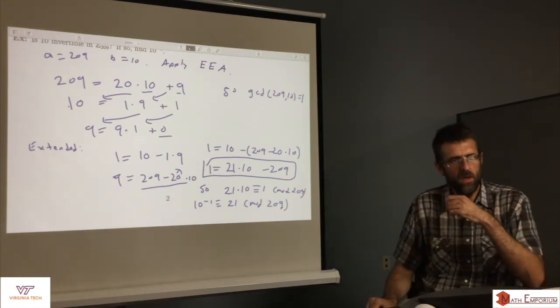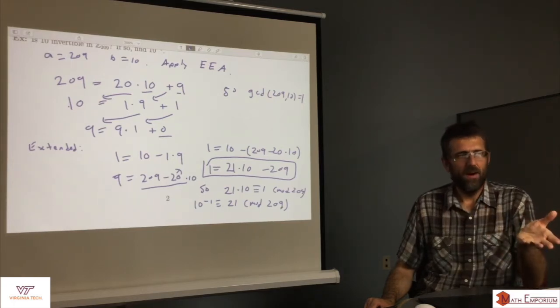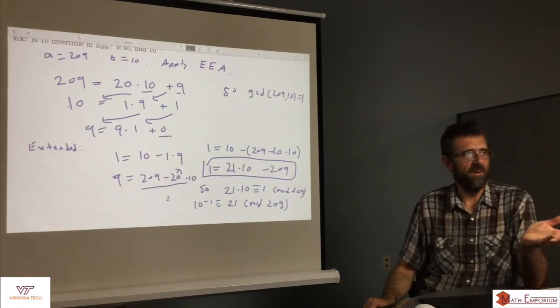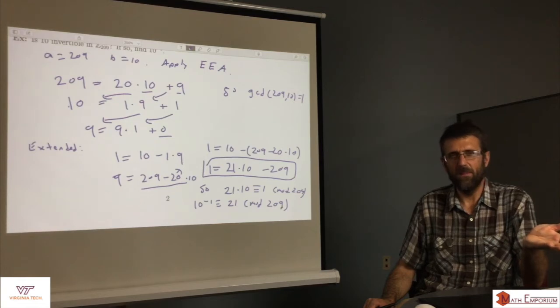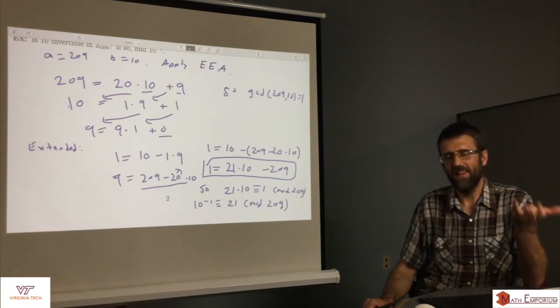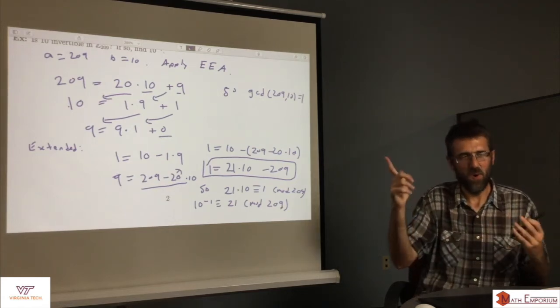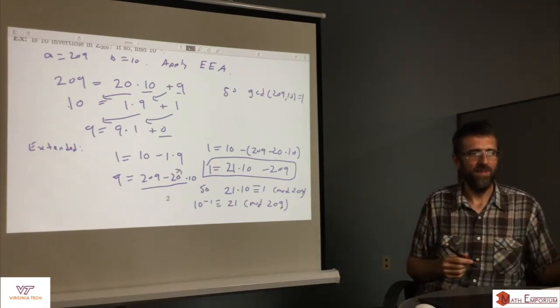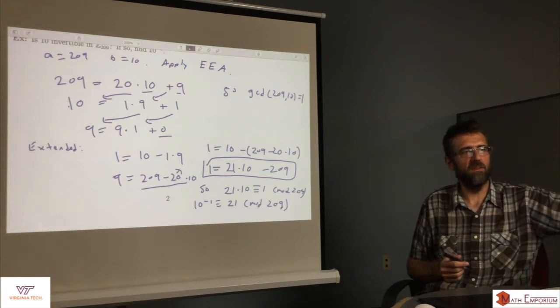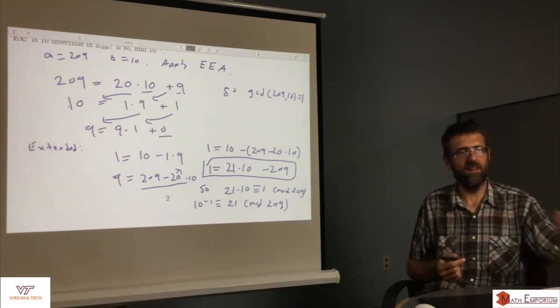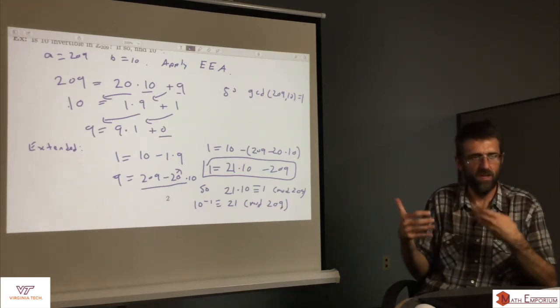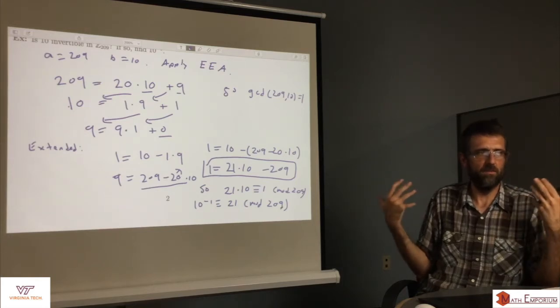Now, this example was maybe a little bit silly, because we probably could have eyeballed that from the beginning, since 10 times 21 is 210, which reduces to 1 mod 209. But it's a good exercise to work through the extended Euclidean algorithm and see that we can actually use it to produce an inverse by hand.